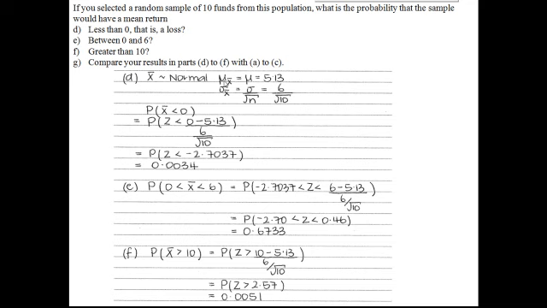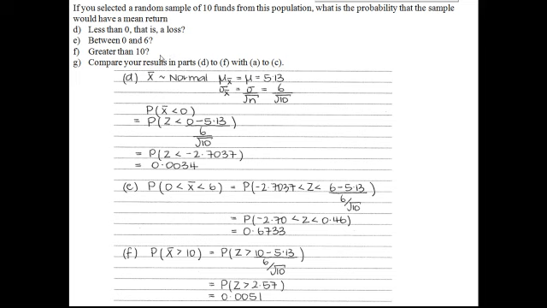So in this case, the standard deviation of the sampling distribution will be 6 divided by the square root of 10. Once you know the mean and the standard deviation of the sampling distribution, and we know it's normal, this is really just a normal probability question. We want to find the probability that x bar is less than 0. To do that, we still have to convert it into a z-score because we don't have tables for a normal distribution with mean of 5.13 and standard deviation of 6 divided by the square root of 10.